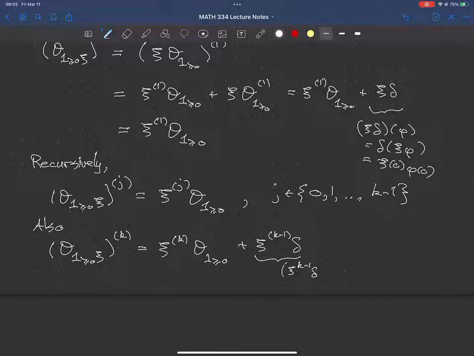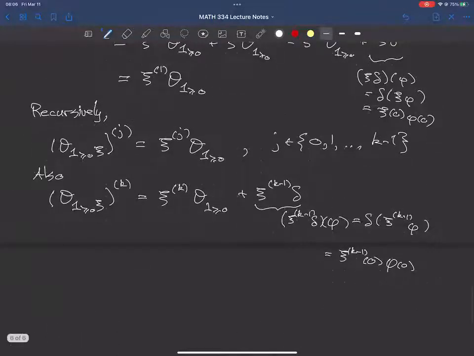So what is that as a distribution? Well, I act on a phi, and so this is delta of C k minus 1, which is C k minus 1 of 0 phi of 0.